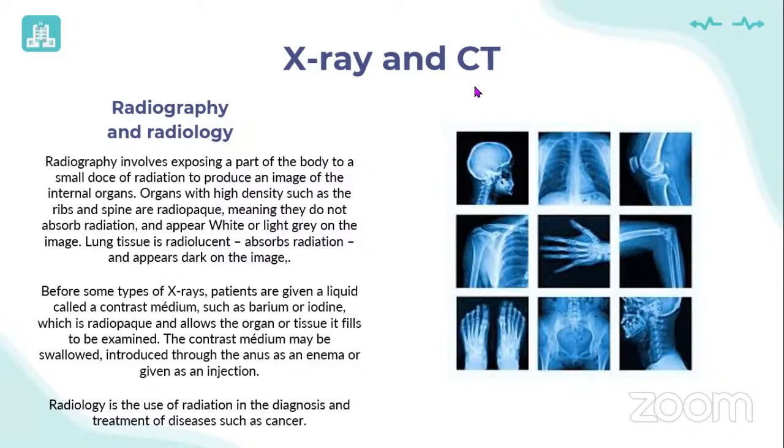Lung tissue is radiolucent, absorbs radiation and appears dark on the image. Before some types of X-rays, patients are given a liquid called contrast medium, such as barium or iodine, which is radiopaque and allows the organ or tissue it applies to be examined. The contrast medium may be swallowed, introduced through the anus as an enema, or given as an injection. Radiology is the use of radiation in the diagnosis and treatment of diseases such as cancer. Thank you, Jorge. Thank you so much.